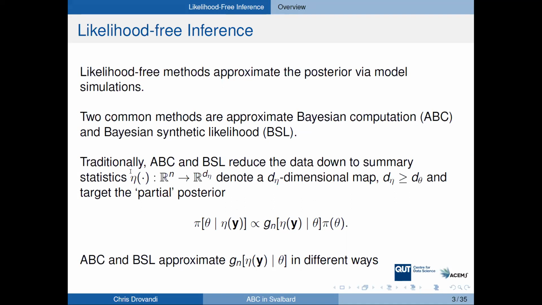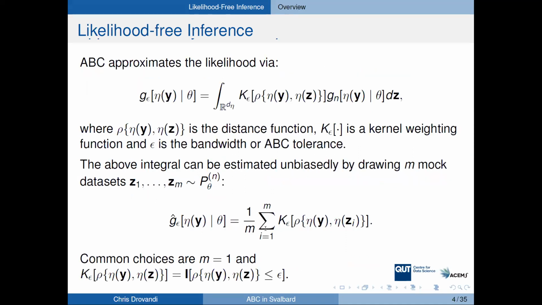So in these methods, we don't actually target the original posterior, we target this so-called partial posterior, which is proportional to this term over here, which we might refer to as the summary statistic likelihood, multiplied by the prior. Now, of course, this likelihood is also going to be intractable, but we can use ABC and BSL and model simulations in order to approximate it in various ways.